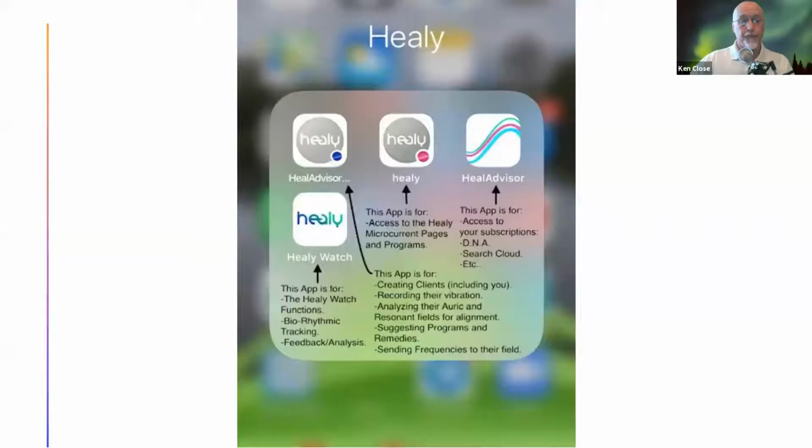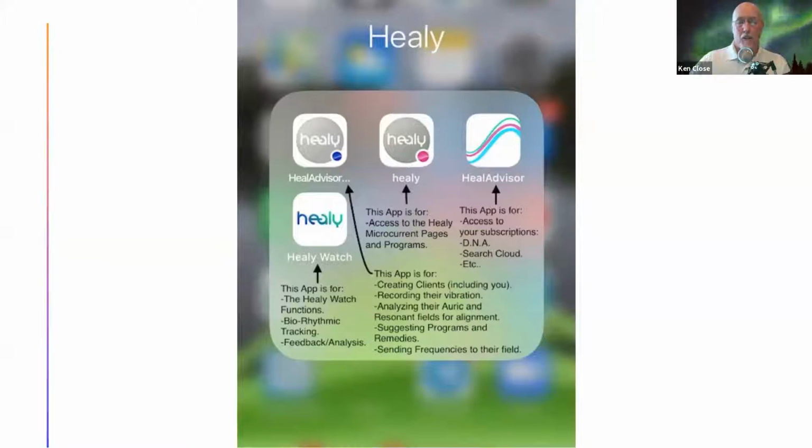Okay, so these are the apps that Freddie had talked about. On my screen, I have them in a specific Healy file, and this is what they're for. I refer to these a lot of times by the dot color. So we have the Healy blue dot, the Healy pink dot, the Healy Advisor with the swooshy lines like Freddie mentioned, and then the Healy Watch.